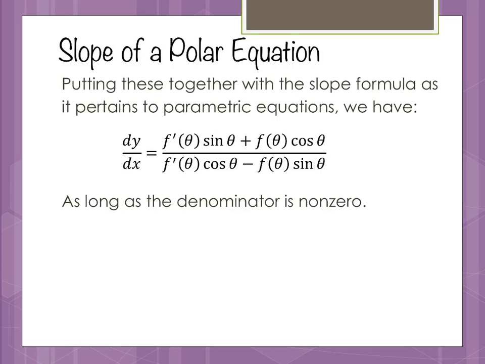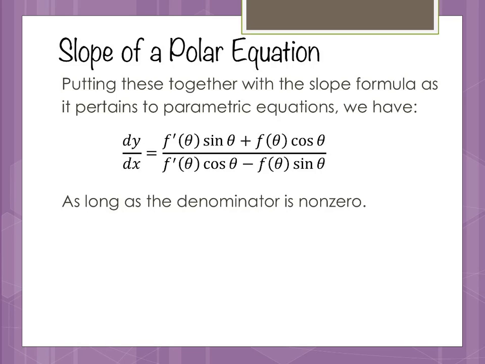Again, as long as the denominator is not 0, then this will hold. Right, so any questions so far? Everybody good with that result? Because we're going to use it.